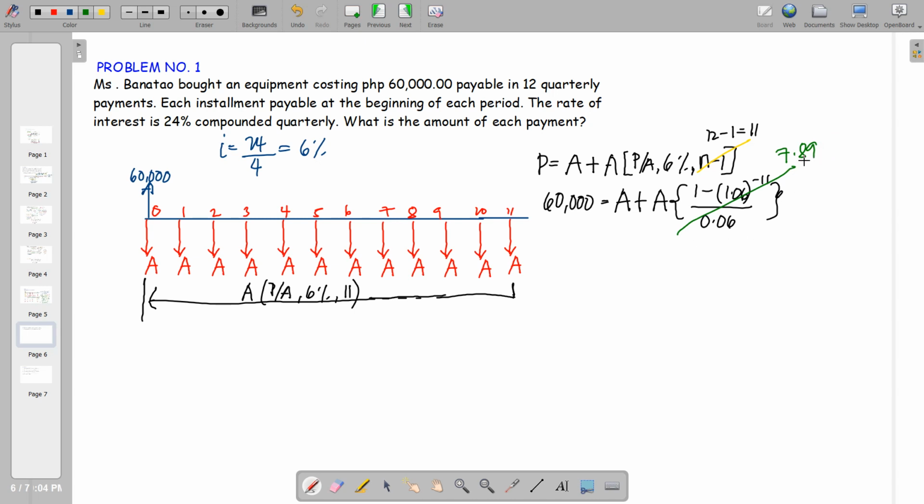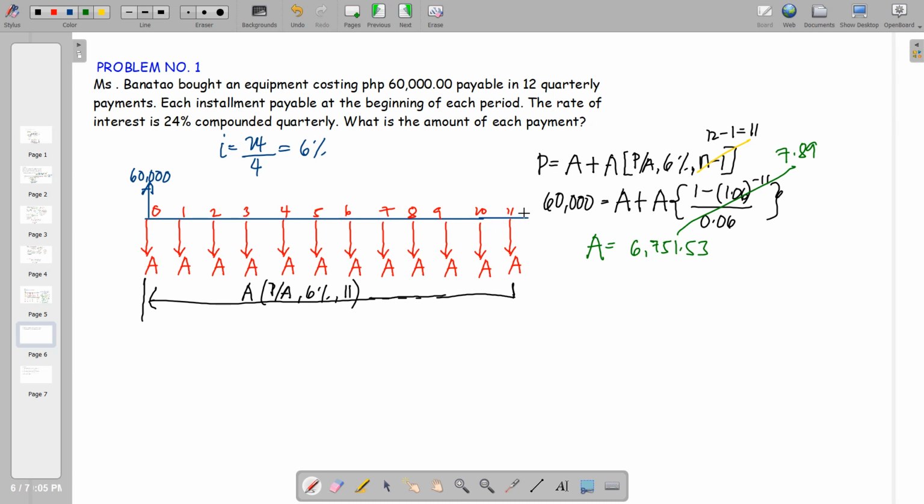So we just add plus 1 here, the coefficient of A, then divide 60,000 by that sum, which is equal to 6,751.53 pesos. So this is the equivalent annuity for the 60,000, if you're going to pay it in 12 quarterly payments with the payment occurring at the beginning of the period.